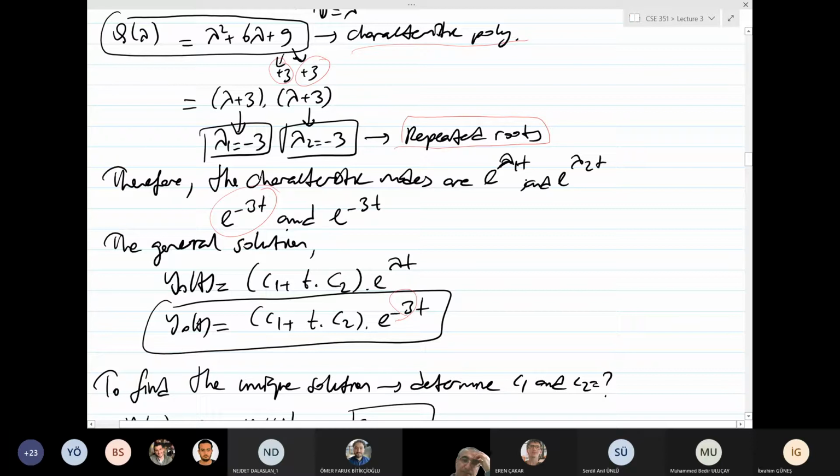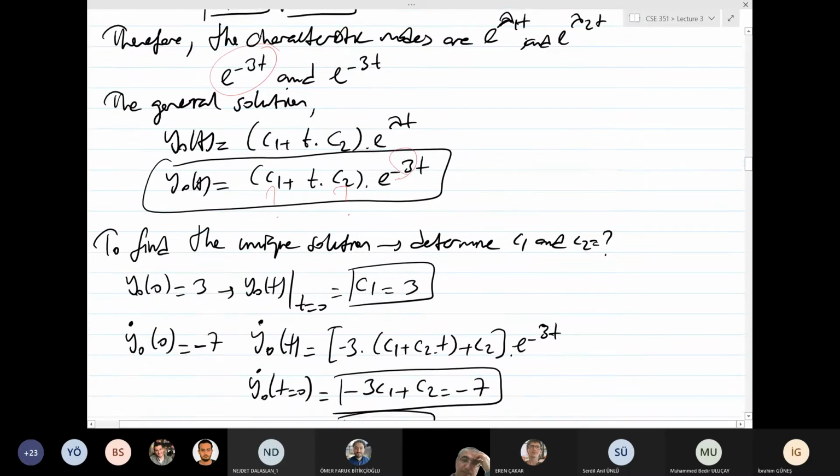So what are the unknown parameters in this case? It is the constants c1 and c2. If I find these two constants and plug in here, then I can determine the zero input response.